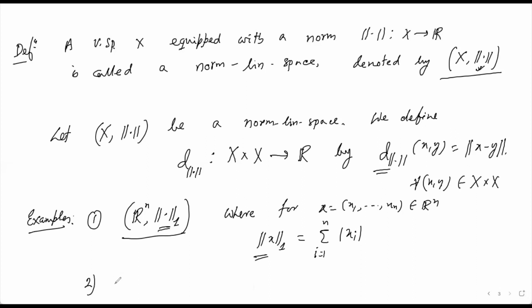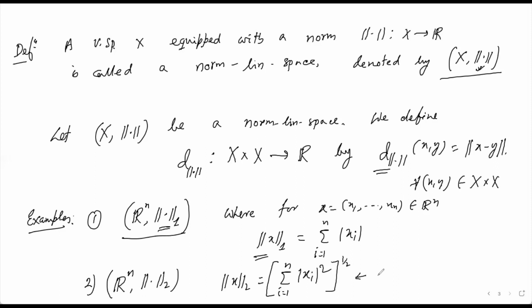Second example, the underlying set is Rn, and here we define two norm. This is defined by summation of absolute value of xi square over i equal to 1 to n, whole power one half, and this is a norm on Rn, and this is called Euclidean norm on Rn.